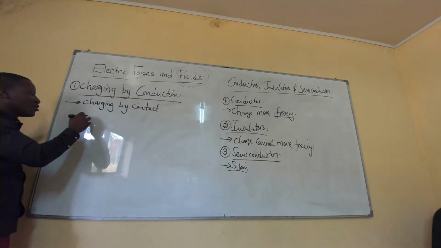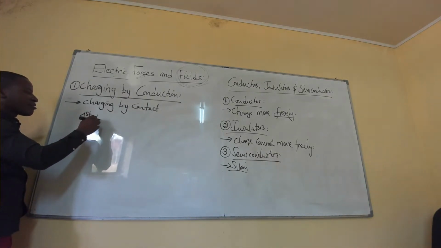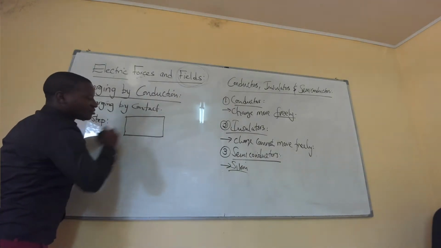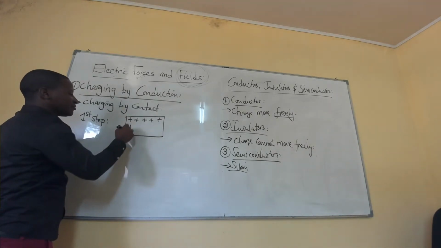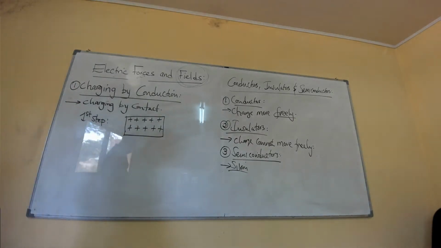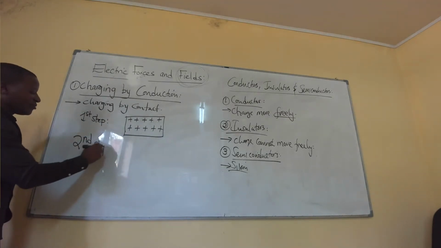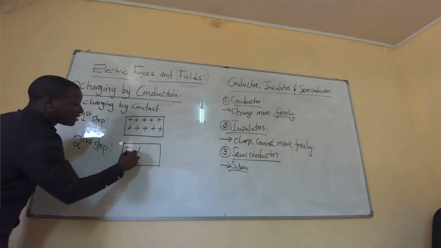For example, first of all, the first step, we have our conductor here, for example, which is positively charged. Right? Then afterwards, we bring in our second step, we bring in our same conductor that we have.